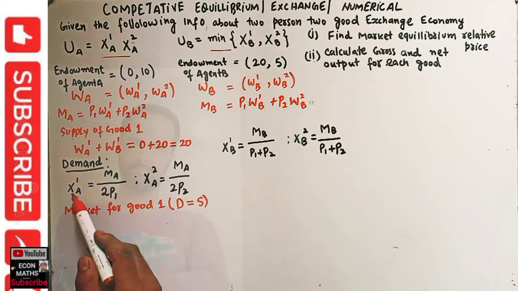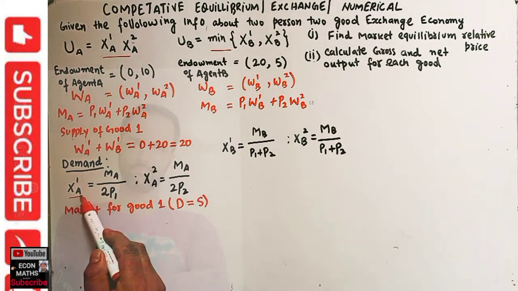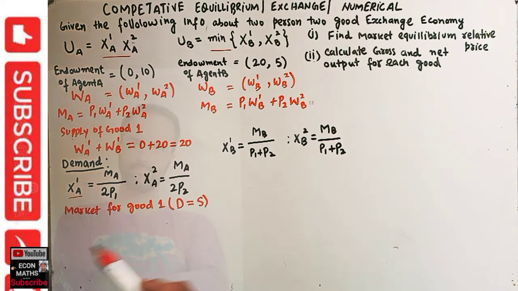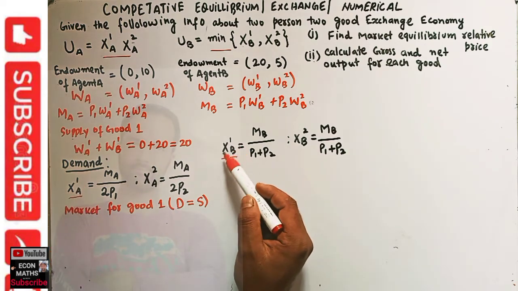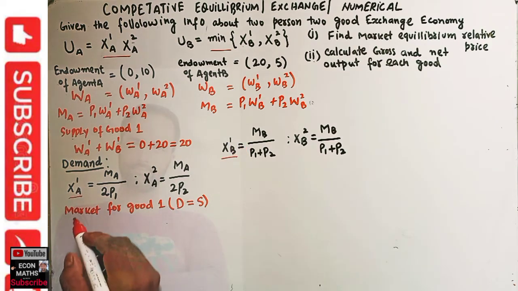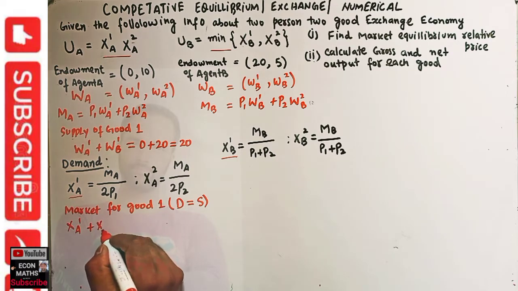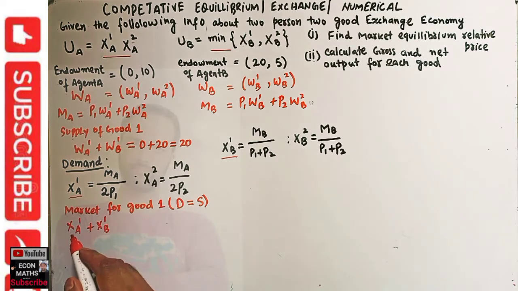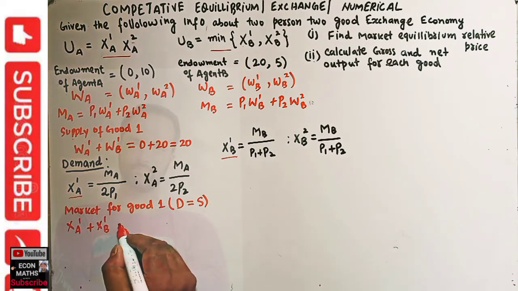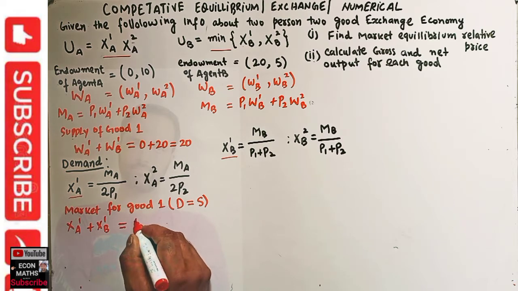So total demand of good 1 is xa1, what person A is demanding of good 1, and xb1, what person B is demanding of good 1. So that means xa1 plus xb1. So total demand of good 1 by person A and B should be equal to total supply.